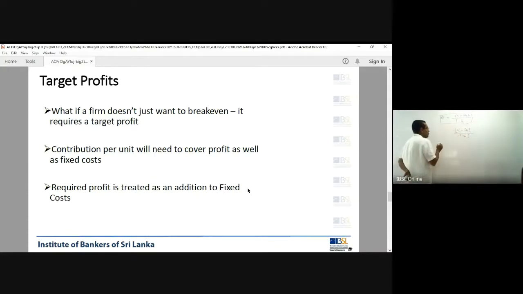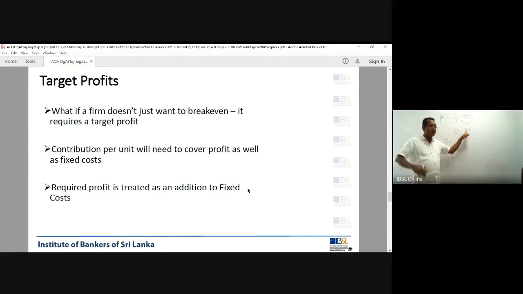So now you need to find out a quantity where this is the contribution per unit. This is the amount per unit you provide towards collecting fixed cost.